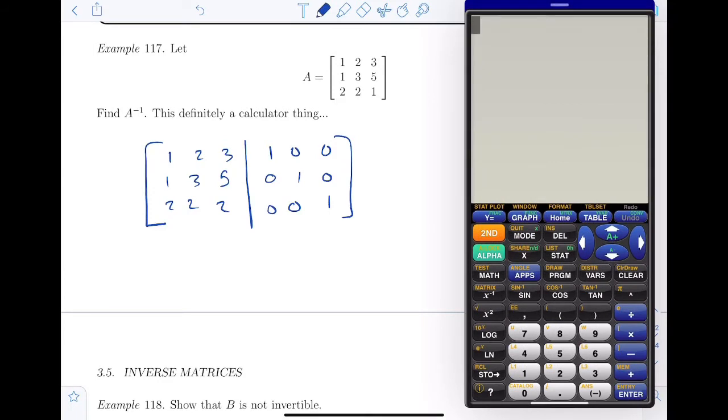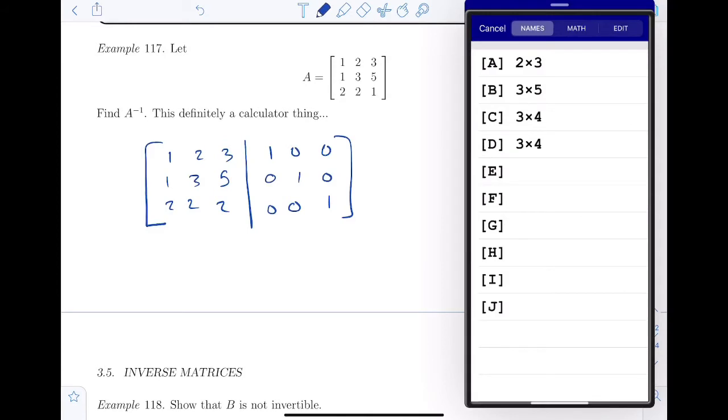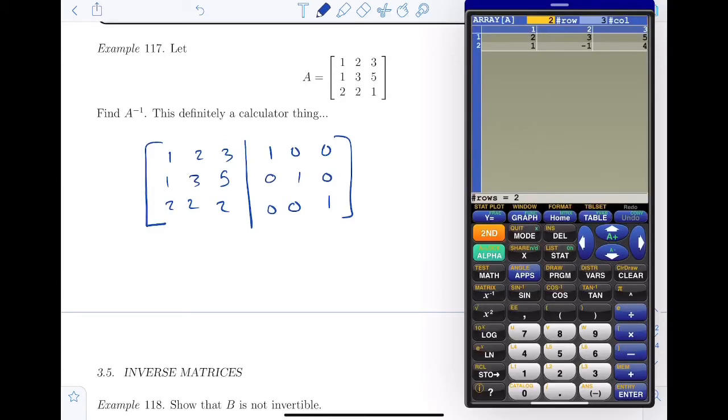Here we go. Matrix, let's edit, let's do matrix A. I want a 3 by 6. So I have 1, enter, 2, enter, 3, enter, 1, enter, enter. Good.